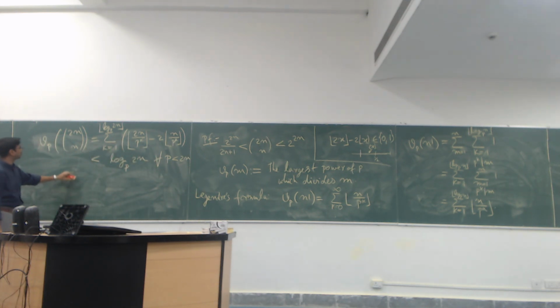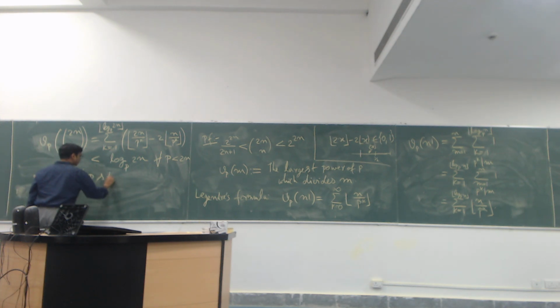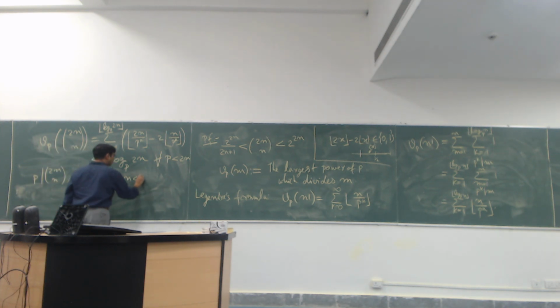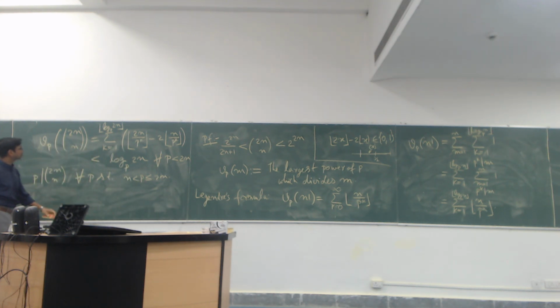Also, one more thing, that 2n choose n is always divisible by the primes between n and 2n, for all p such that n is less than p less than 2n. So with these two things, we are going to estimate this one.